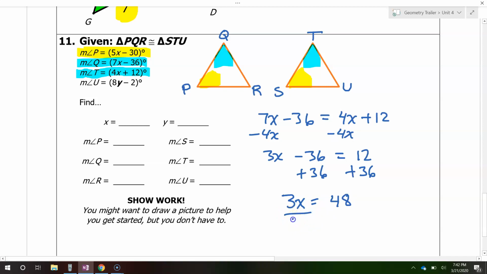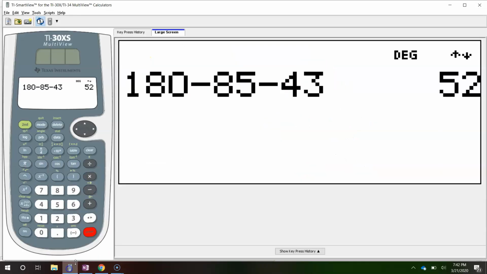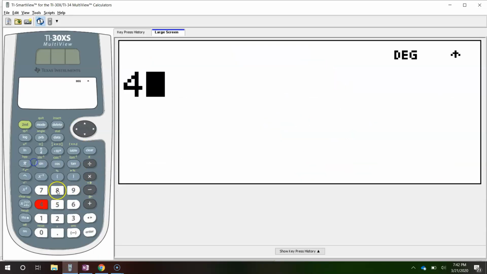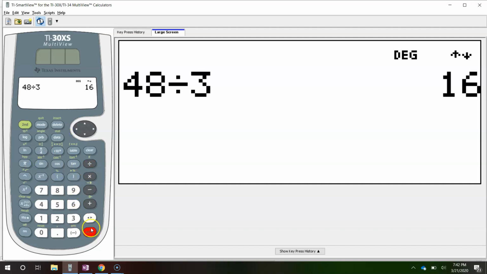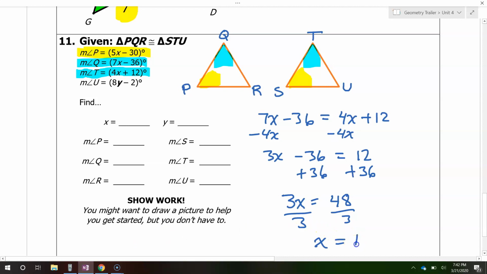So finally, we will divide both sides by 3. And that turns out to be 16. Okay, so x is equal to 16.